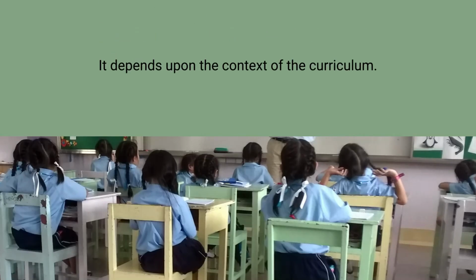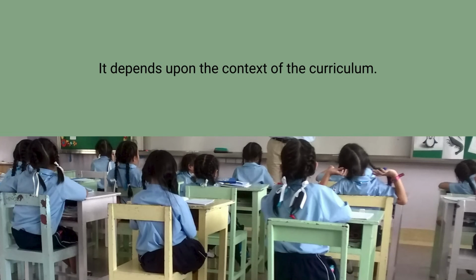And when we develop the curriculum, the context of the curriculum is another important aspect: what knowledge base, what epistemology, what nature of knowledge we are going to include in the curriculum, keeping in consideration the child-centered and learner-centered approach.